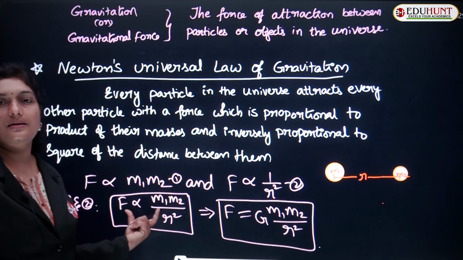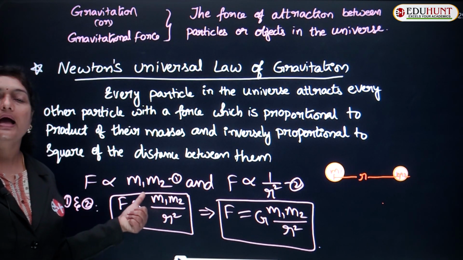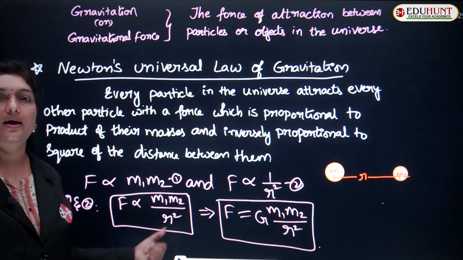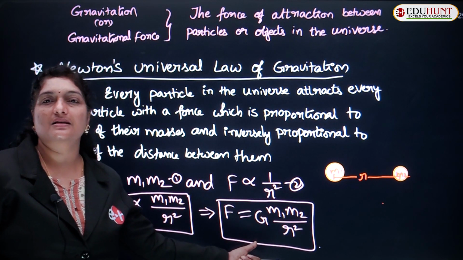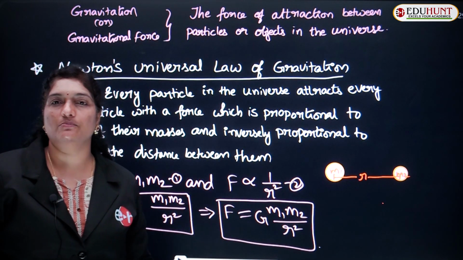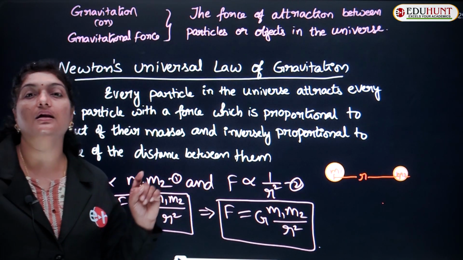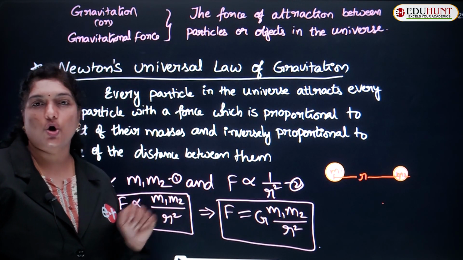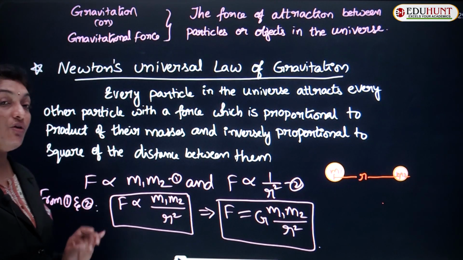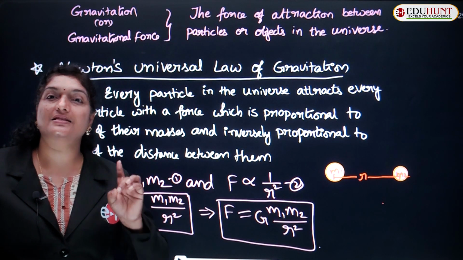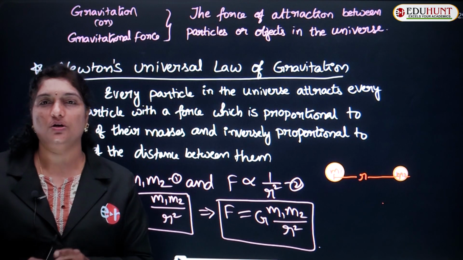So altogether it can be written as F proportional to m1 m2 by r square, or when the proportionality symbol is removed, F is equal to G m1 m2 by r square, where G is called your universal gravitational constant. And the value of G always remains constant throughout the universe.